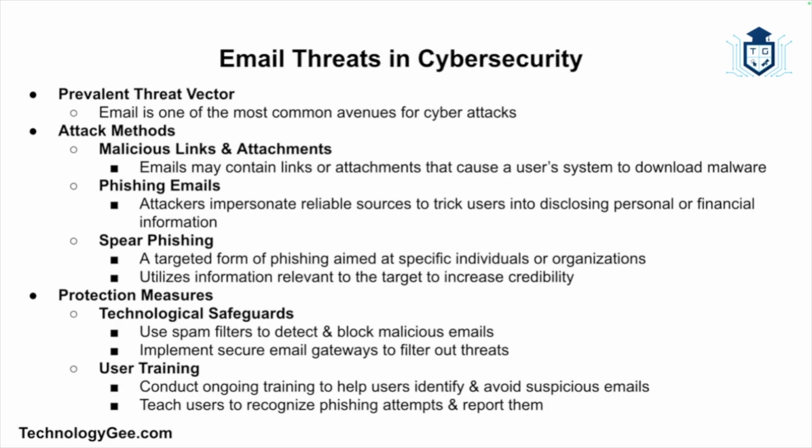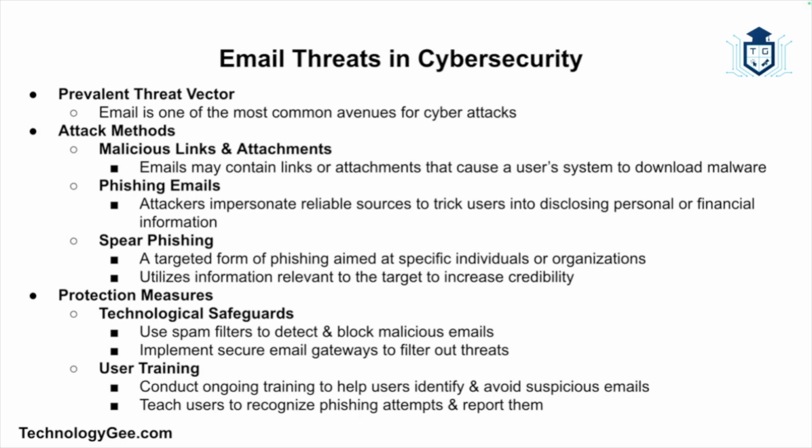Next, let's talk about email threats and cybersecurity. One of the most prevalent threat vectors in cybersecurity is email. Attackers frequently use email to spread malicious links or attachments that can cause a user system to download malware. Phishing emails are extremely common, and they may pretend to be from reliable sources to trick users into disclosing personal or financial information.